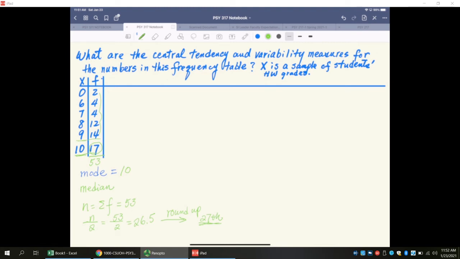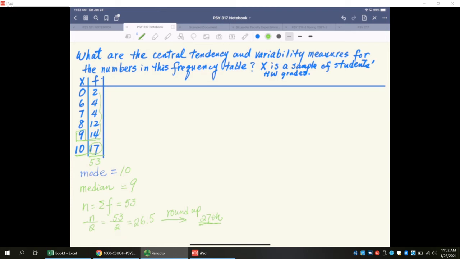So the value for the median, therefore, is 9. That is a very important process, so read a book if what I say is not familiar to you.